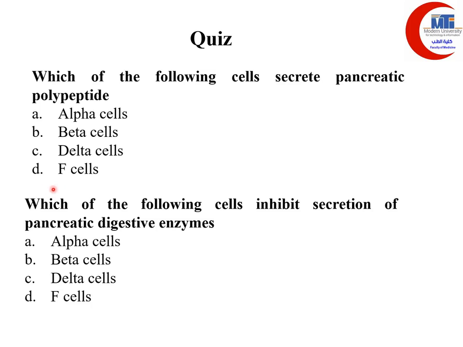So the right answer, letter D. Which of the following cells inhibit secretion of pancreatic digestive enzymes? Pancreatic digestive enzymes are inhibited by pancreatic polypeptide. So the right answer is also letter D, F cells, which secrete pancreatic polypeptide.